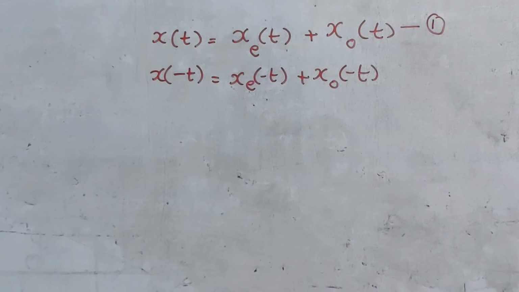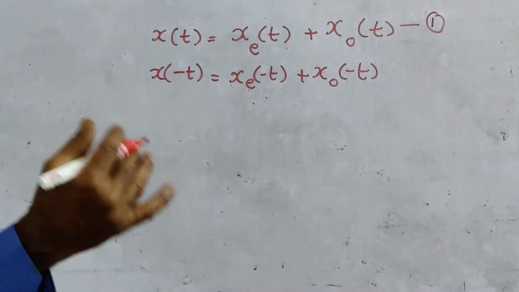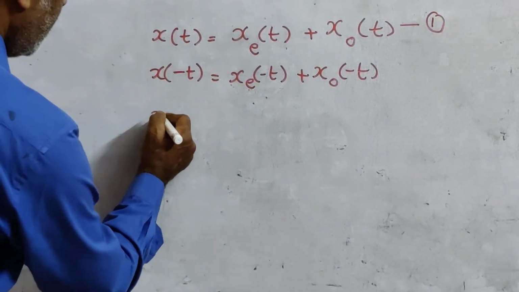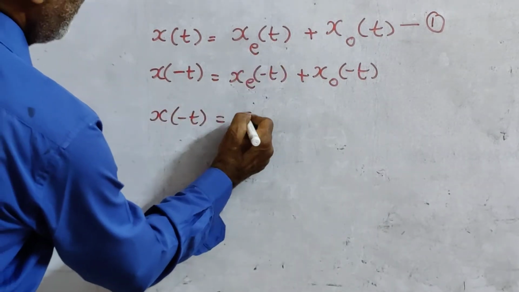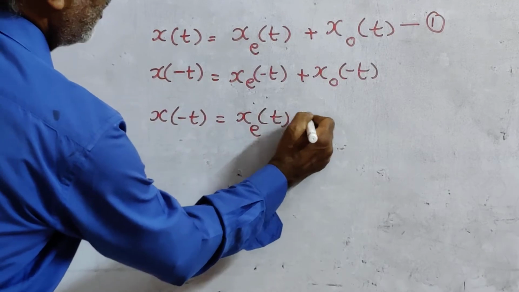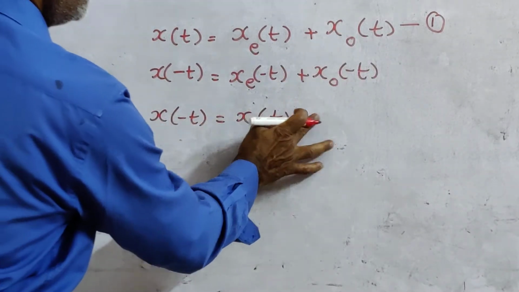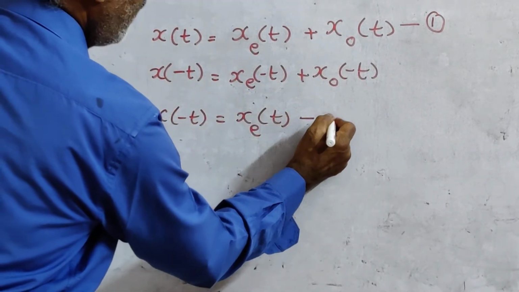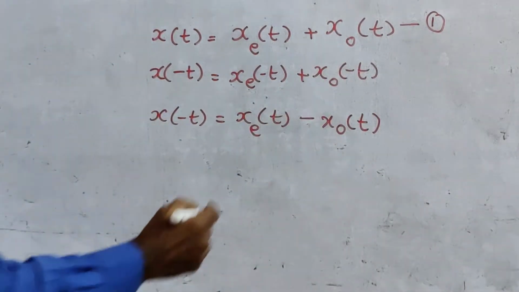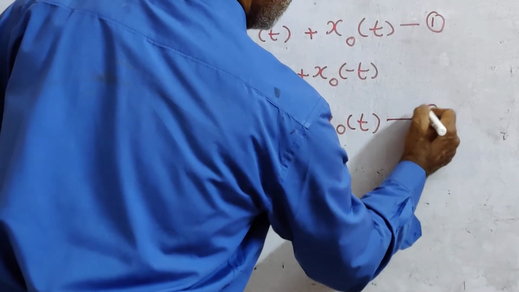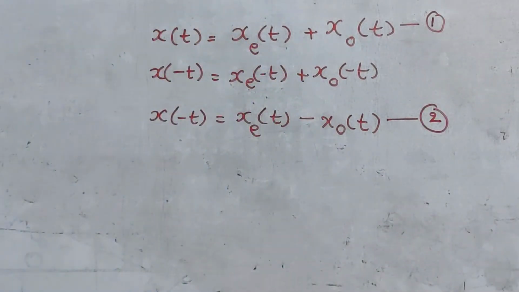Now we apply the definition of even function and odd function: xe(-t) is the same as xe(t), and xo(-t) is minus xo(t).